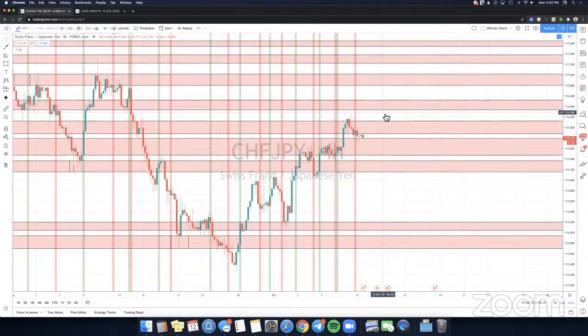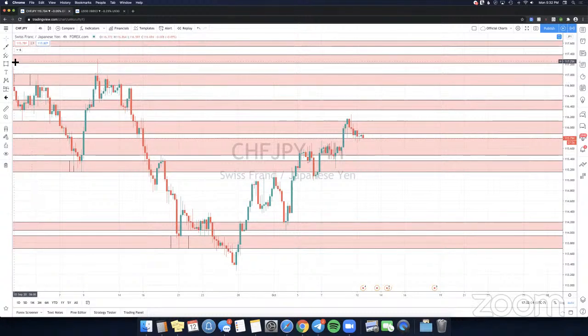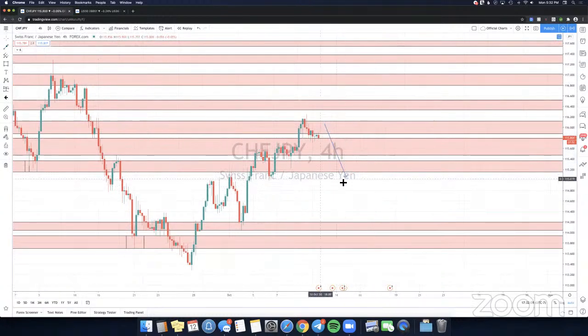So I'm probably not going to call any trades for this anytime soon until price reaches somewhere down here where there's an open area, because then we could take a sell right here and ride this down to the next zone. However, it doesn't look like that's going to happen any time soon.